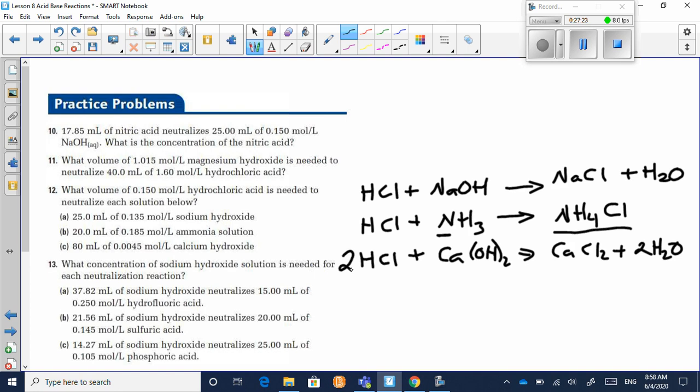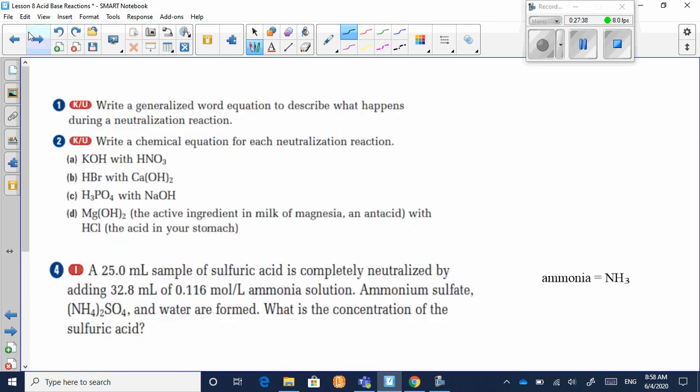There you go. So those are the 3 that you would have to do for number 12. Those are the neutralization equations. So maybe that's a good one to try, number 12 there. Here you can see that they've got you writing some neutralization reactions, just some practice writing them.